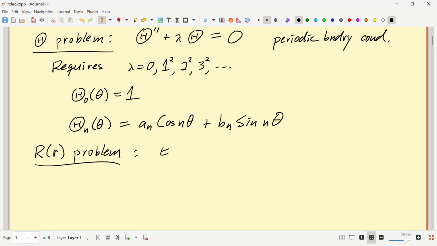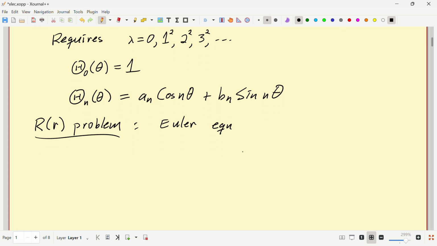It's an Euler equation. Which means, let's see, what is it? It's R squared R double prime, plus R R prime, minus n squared R equals 0.